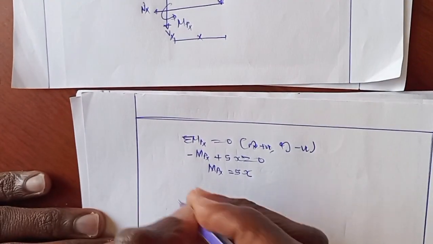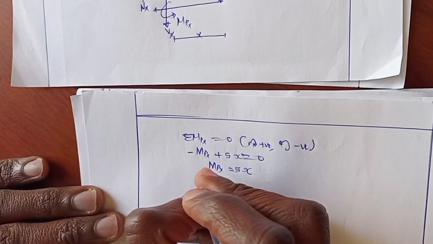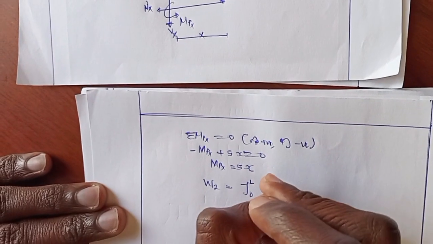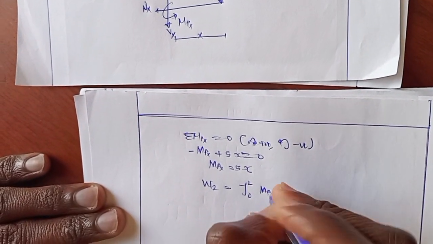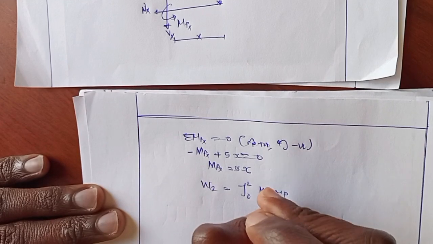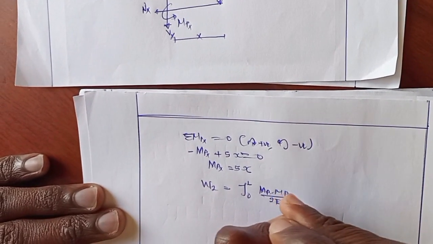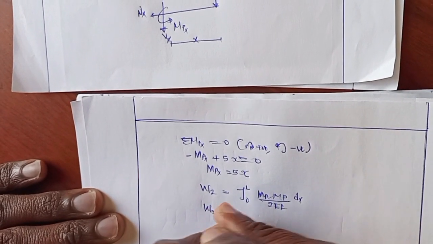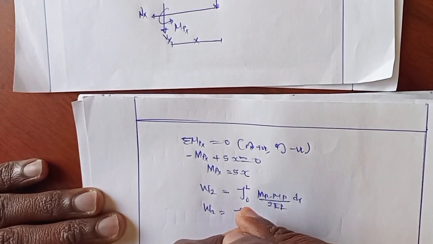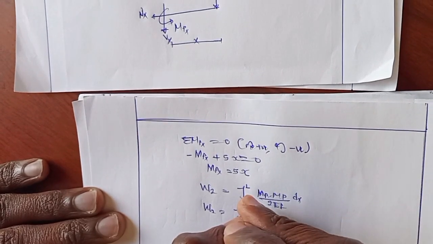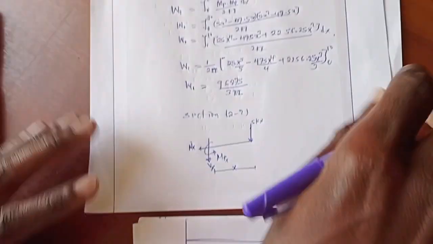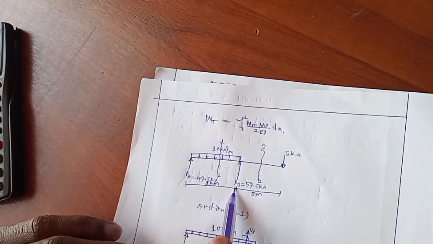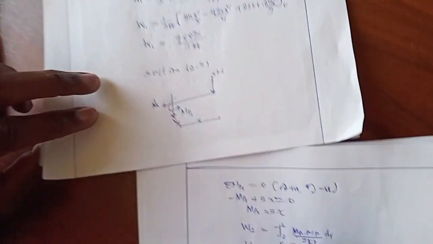So internal energy for section 2 will be the integral from 0 to L of M times M for section 2 over 2EI dx. We take the distance from this point to this point, that's why we take it from 0 to 5.